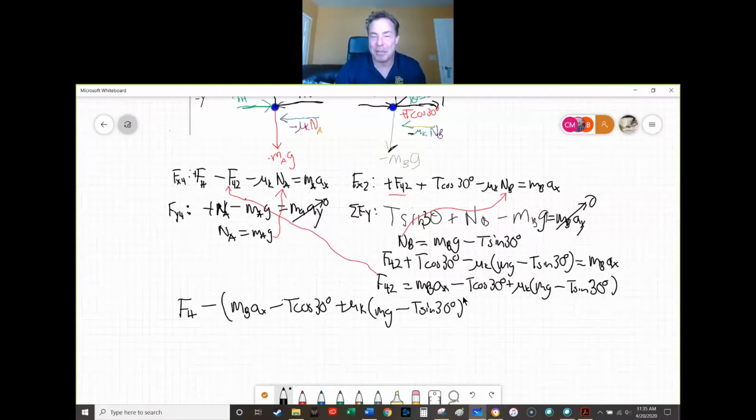It's probably saying, kill me. Okay. Times the normal force right here, but the normal force is just mAg, equals mA times the acceleration in the x direction. Now we have to solve for the acceleration in the x direction. That means we've got to multiply a negative through. That's a positive.